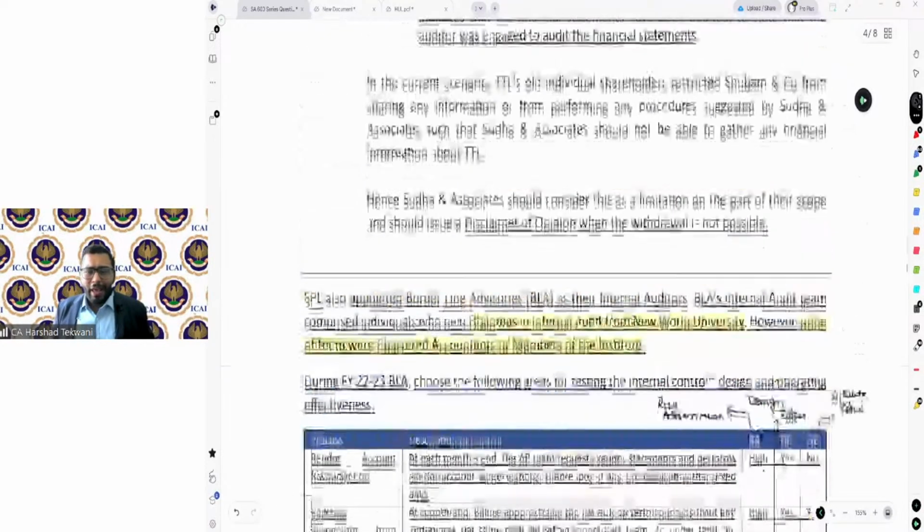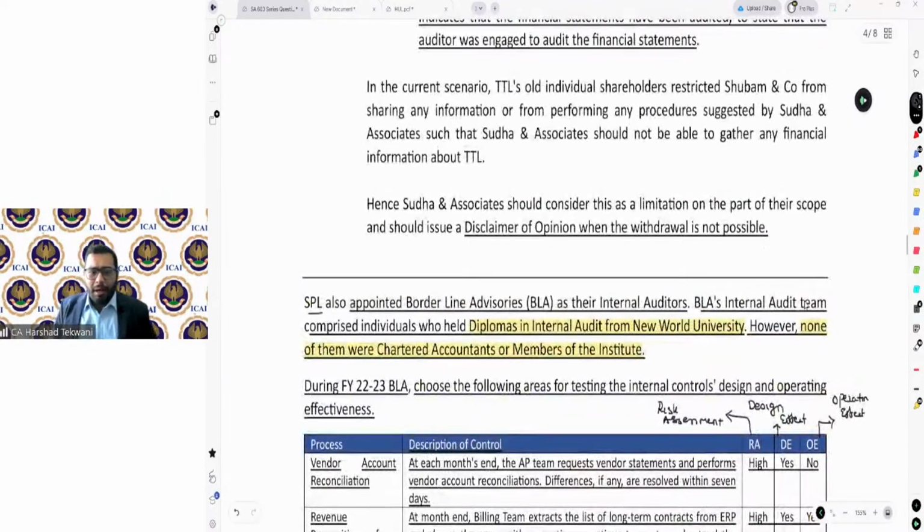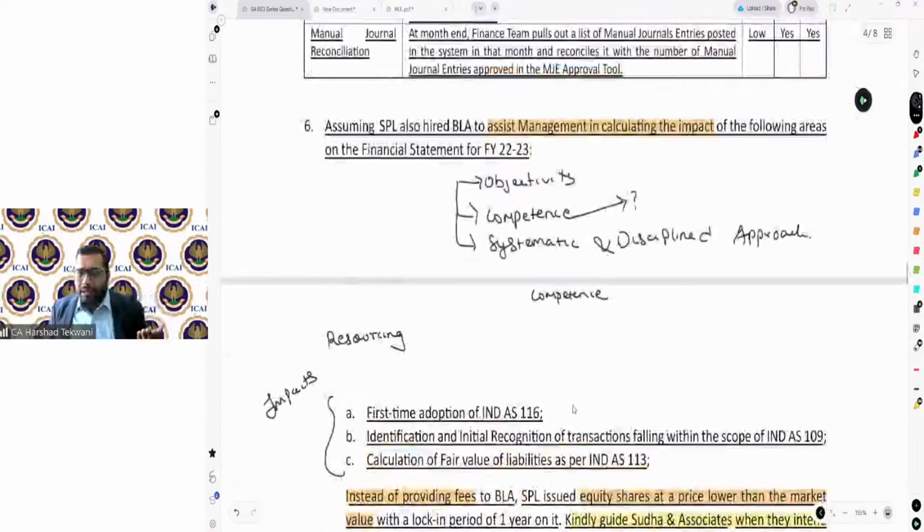For example, if the internal audit team consists of three members, and the size of the entity requires a team size of 20 to 25, can I say that the internal audit function is competent enough? The answer is no. So I need to consider the resources relative to the size of the entity.